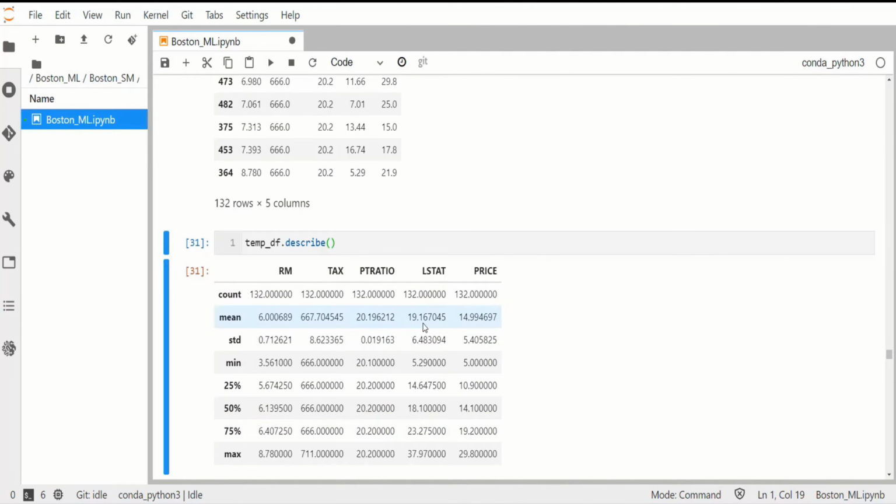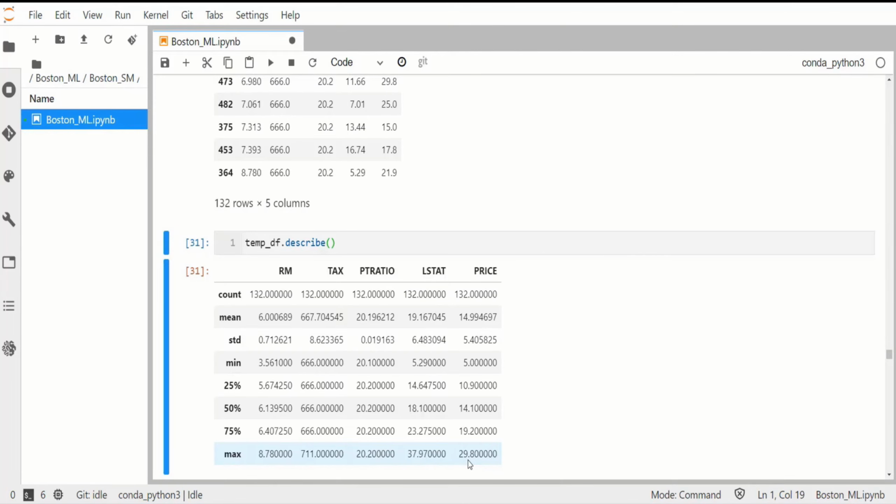Also, the LSTAT for these entries lies between 2.96 to 37.97. The price for these entries lies between 5 to 29.80. All of these observations are quite unusual. It is not possible to have such high TAX values for all these houses. These values are most likely missing values which were imputed casually by someone.